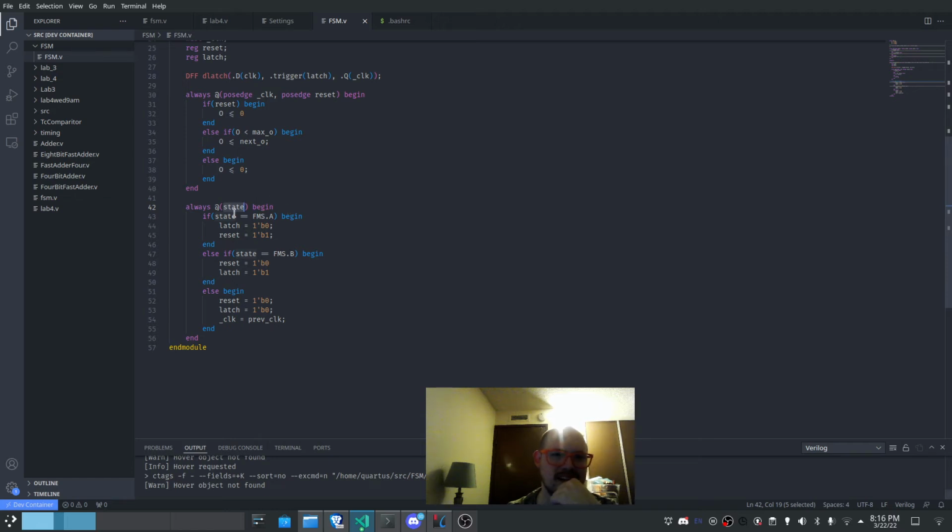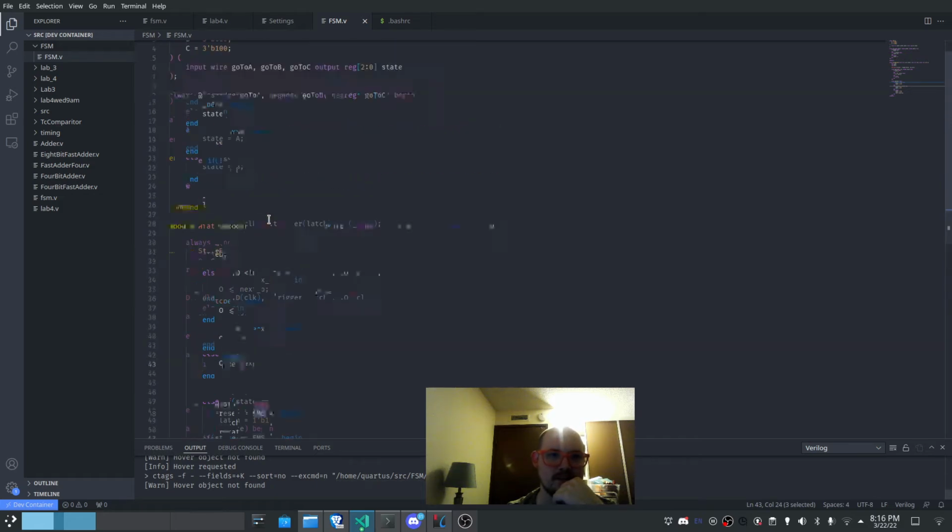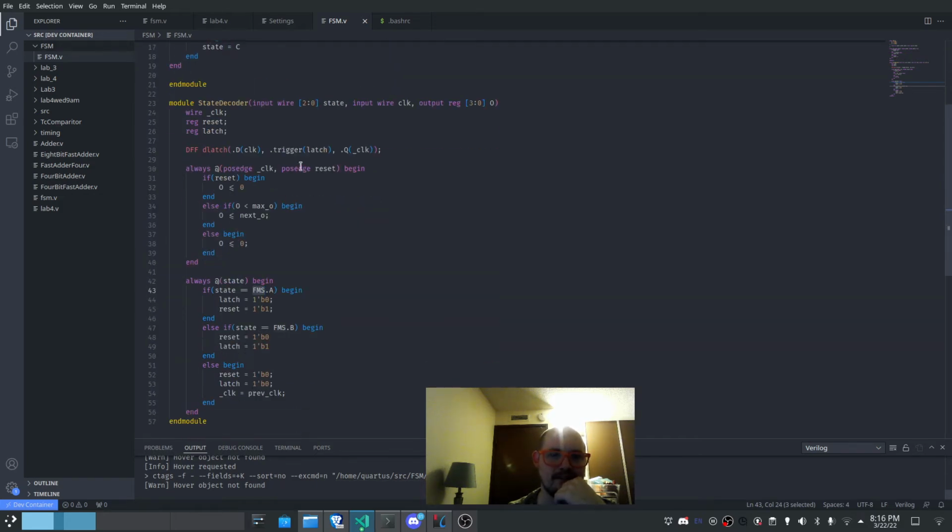So we'll look at the state, and we're going to say, okay, is state equal to A, FSM.A specifically, because we're referencing this FSM. Did I write FMS? That should be FSM. Okay. So if I'm in A, then I'm going to pull my latch low, and I'm going to toggle reset to be high.